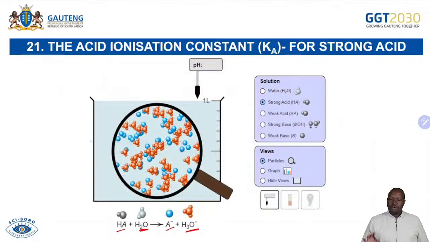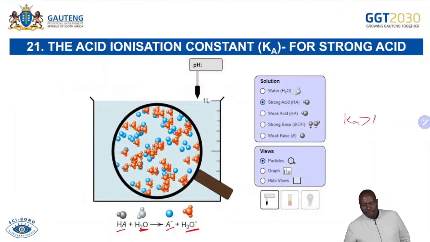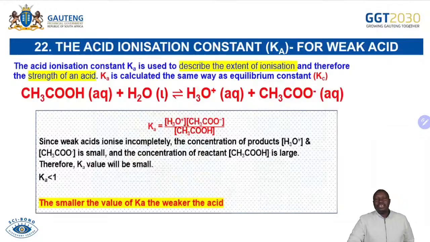If any remain, there will be very little HA remaining, because the acid ionizes completely to form H3O plus, indicated in brown there, and your A minus in sky blue. So you're able to see that a strong acid ionizes completely, hence the Ka value will be greater than 1. Now, if we look at a weak acid, the weak acid will ionize.